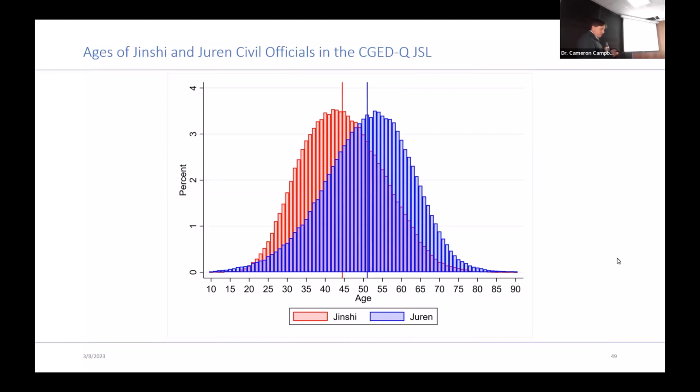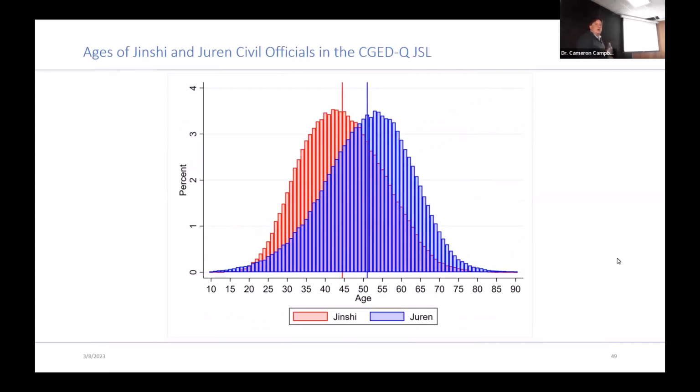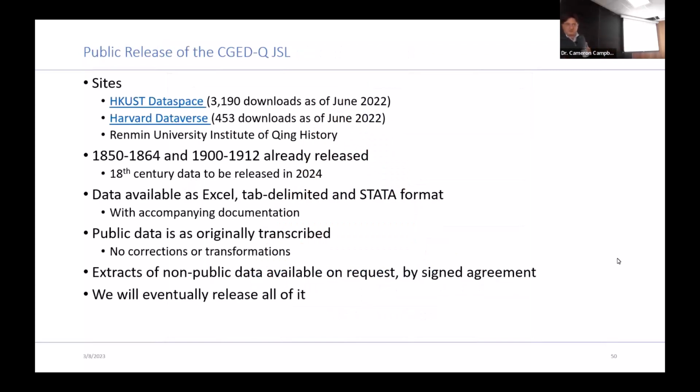And I think you're all demographers, so you can probably make the connection here that if you only got the Juren, this queue was so long and took so long to get an appointment that by the time you actually got appointed, you were probably a lot older than the guys, and I can say guys because they were all males by design, than the holders of the metropolitan degree who essentially got appointed right away after getting the metropolitan degree.